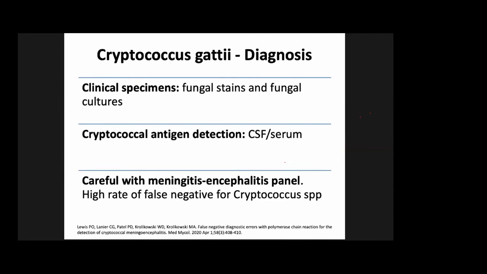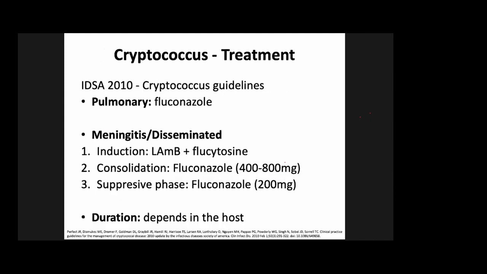You may miss 30% of your cases. And something similar, just as a parenthesis here, with herpes simplex you can also miss 15 to 20% of your herpes simplex encephalitis. So if you think the patient has cryptococcal meningitis, send a separate cryptococcal antigen. Or if you think the patient has herpes encephalitis, send a separate herpes PCR.